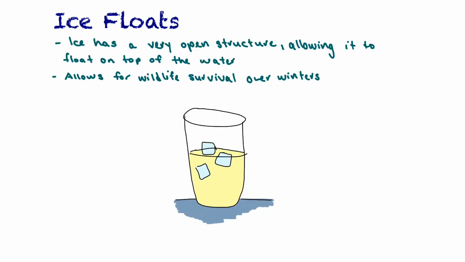Ice also floats because ice has a very open structure, and that allows it to become less dense than water, so it floats on top of the water. This is really important because it allows for wildlife survival over the winter. The lake doesn't freeze from the bottom up and become one solid mass of ice.